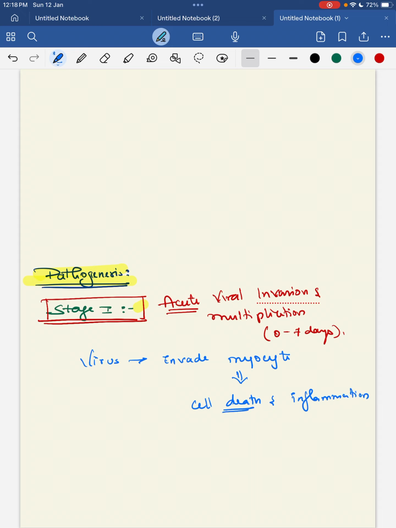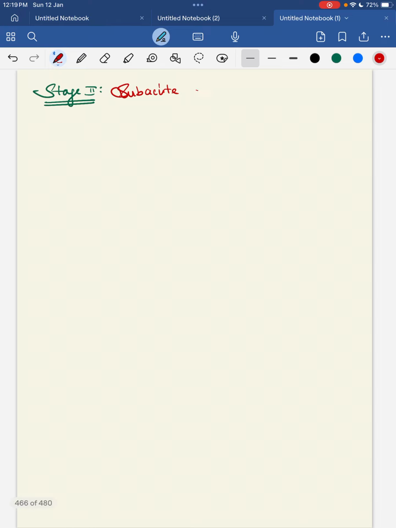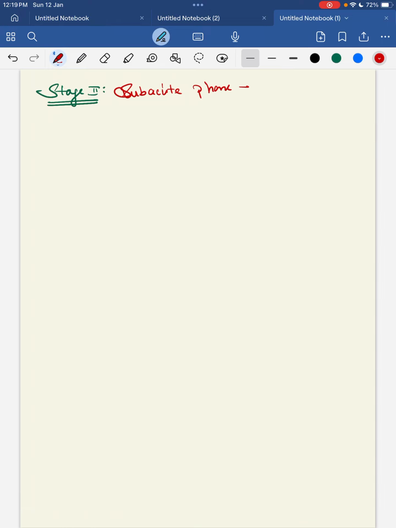The second stage is the subacute phase. Once a virus or some foreign body enters your body, what will happen? There will be an immune response. That will happen in the subacute phase, and it takes place between 1 to 6 weeks. In the immune response, the T cell immune system is activated.